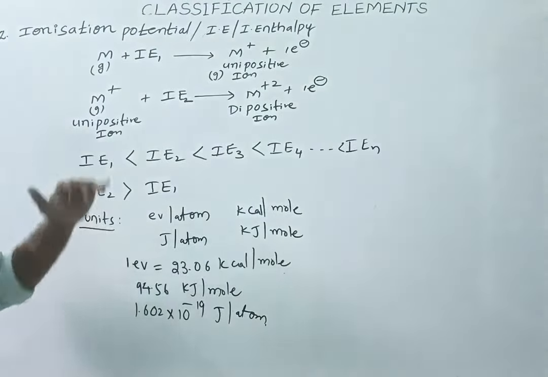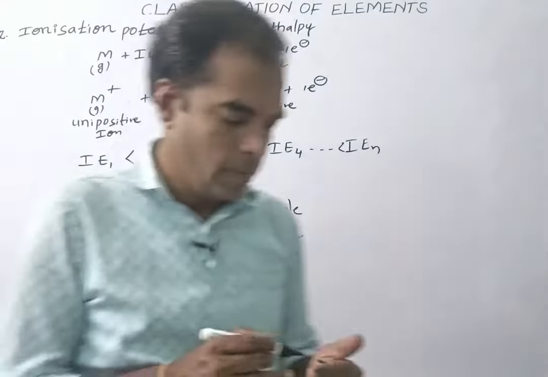So these are the units of ionization potential, right?